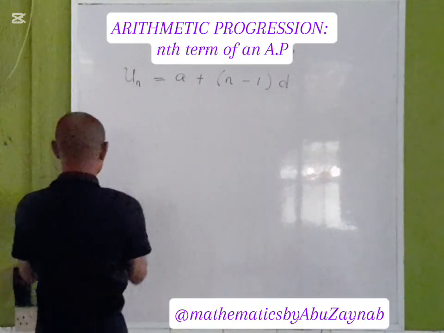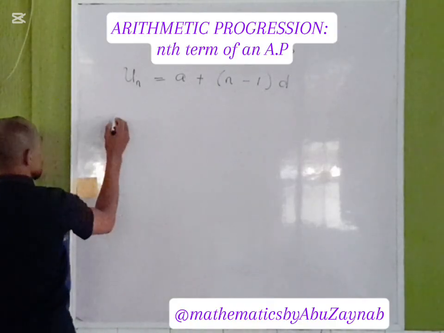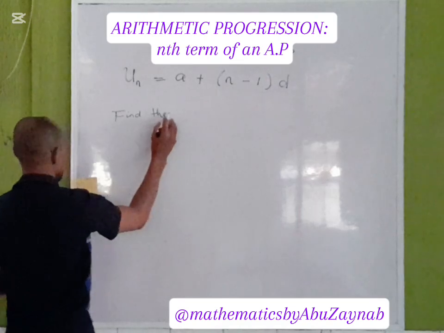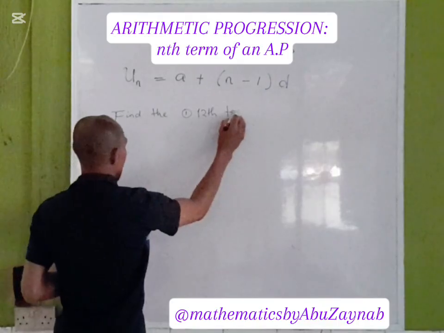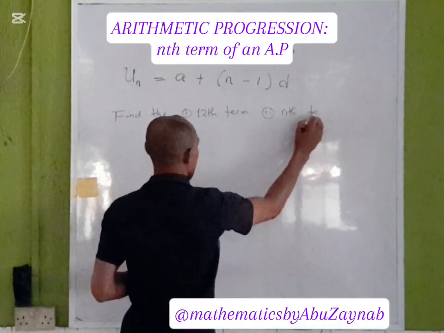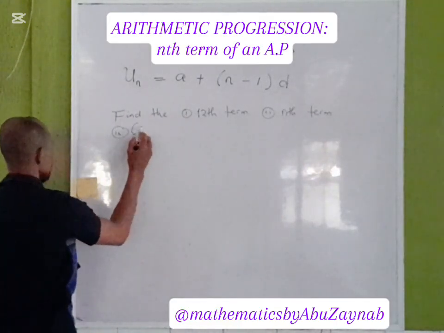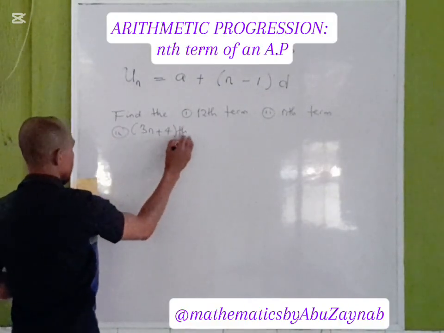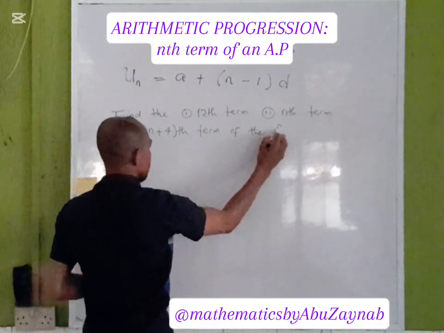So we take our first example here. We are required to find the 12th term, then the nth term, and lastly the 3n plus 4th term of the sequence.